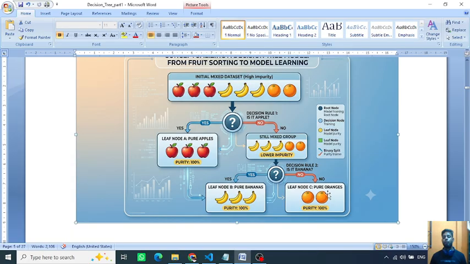But here you can see no mixed fruits are present, and only orange is left. So now your decision ends. You don't need to ask more questions, because all are pure right now. The same process is followed in a decision tree.